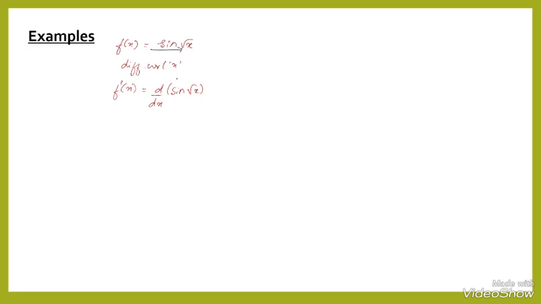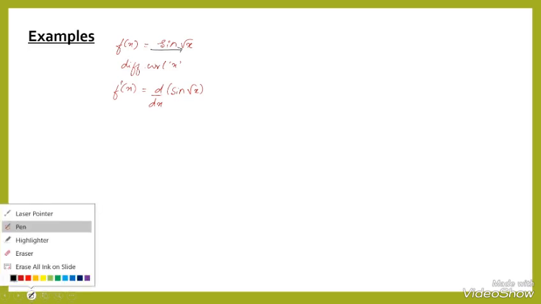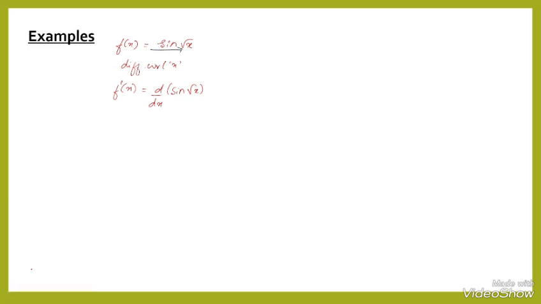First differentiate the sine function, keep it sine of root x, into the differentiation of root x. Now the differentiation of sine root x will be cos of root x into d by dx of root x.